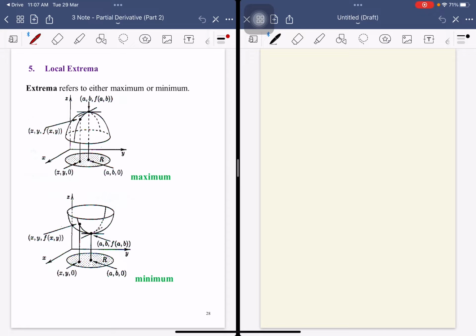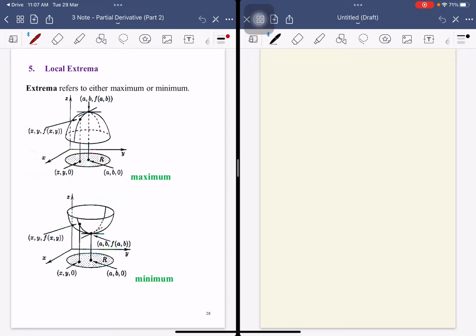For example, if we find fxy from this, we get -6. Let me prove it: if we differentiate to get fyx, we also get -6. Make sure that you show this part clearly.